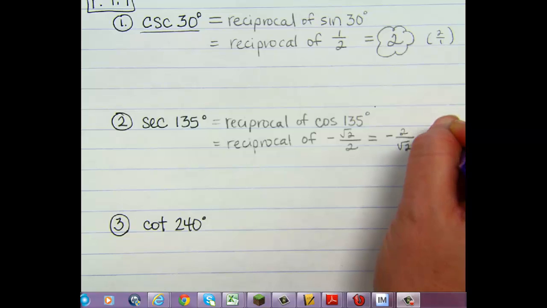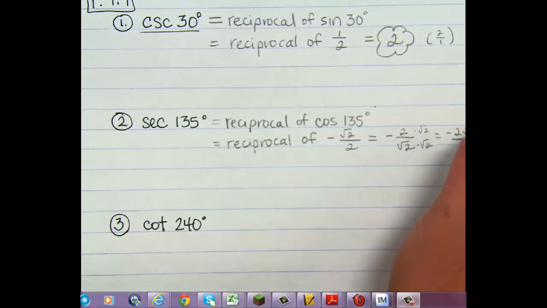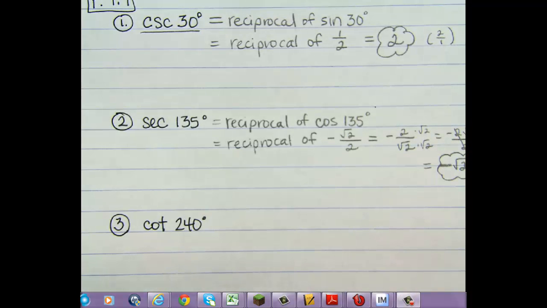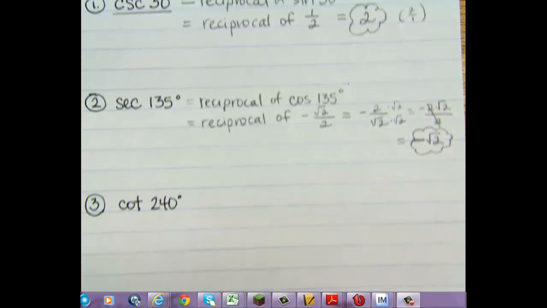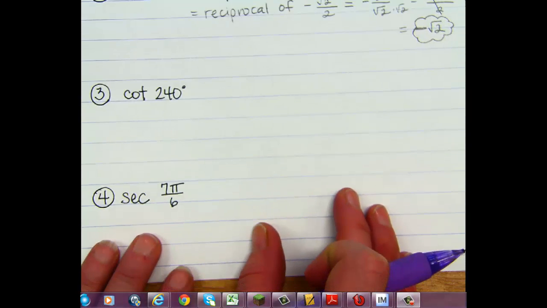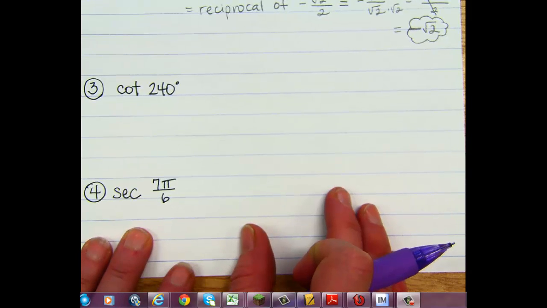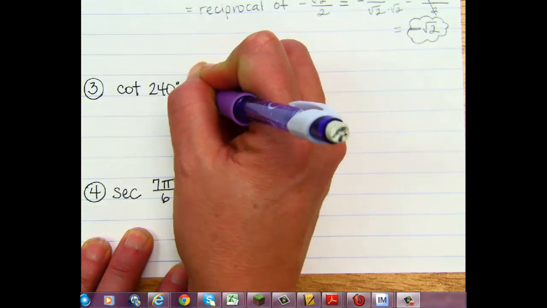So I need to flip negative √2/2 and get -2/√2. Now clean up that fraction. The mean men in Albany say no square roots in the bottoms of our fractions. So we multiply both parts by root 2 and simplify and get negative square root of 2. There's no shortcut around that math, except eventually you'll do so much of it that you'll see the patterns and not need to do it so much.